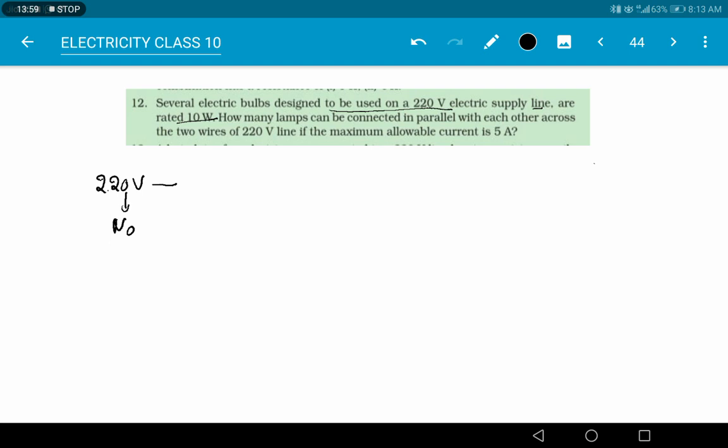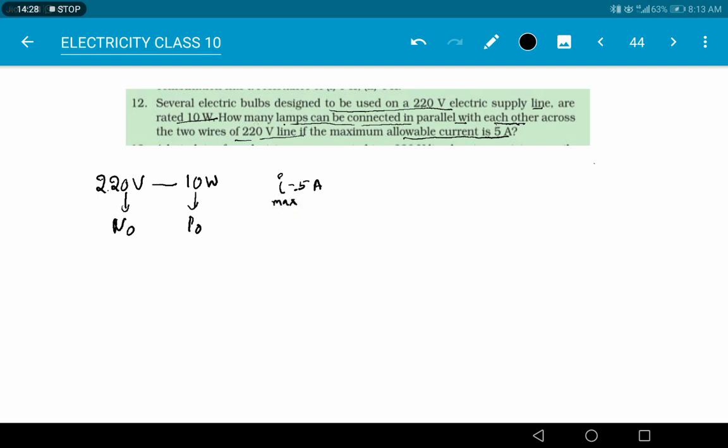When we are operating at this voltage, the power consumed or operating power will be 10 watt. Next, how many lamps can be connected in parallel with each other across two wires of a 220 volt line if the maximum allowable current is 5 ampere? So what is the maximum current to be passed through the circuit? 5 ampere is the maximum current.